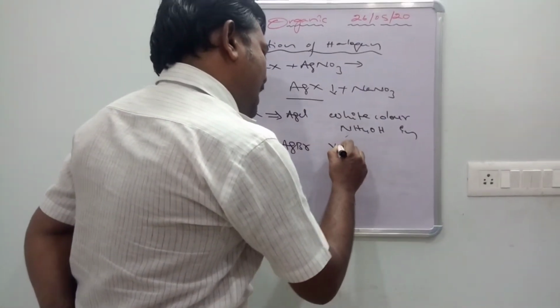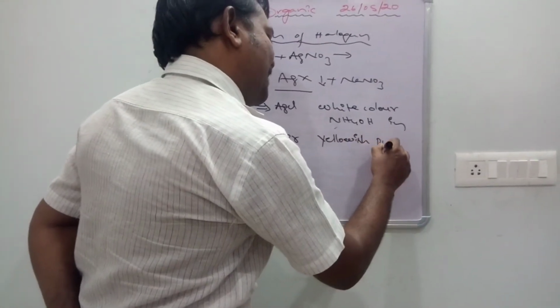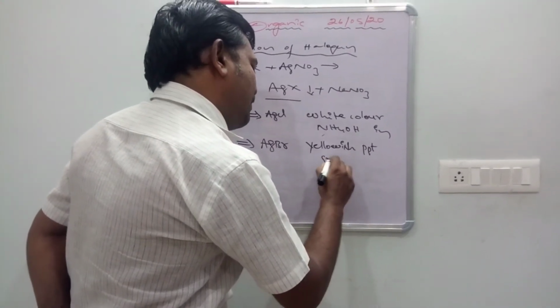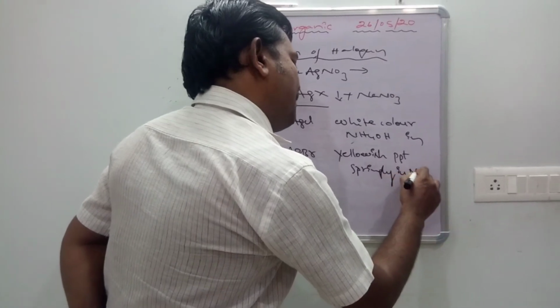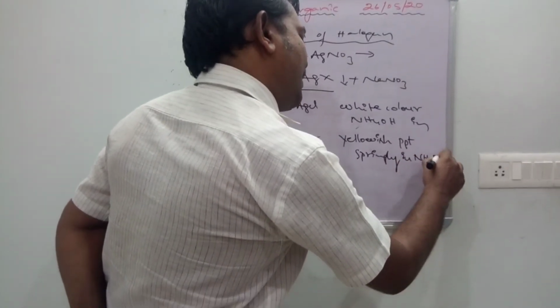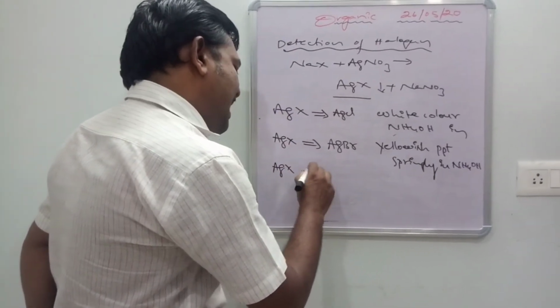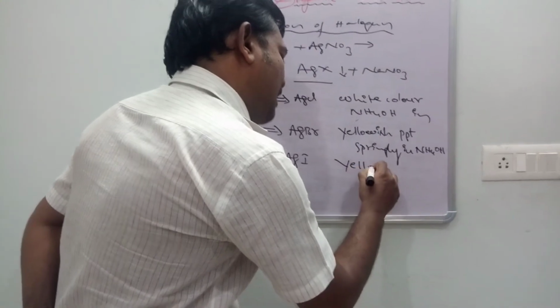It is a yellowish precipitate. It is sparingly soluble, that means slightly soluble in ammonium hydroxide. If X may be iodide, AgI gives a yellow color precipitate.